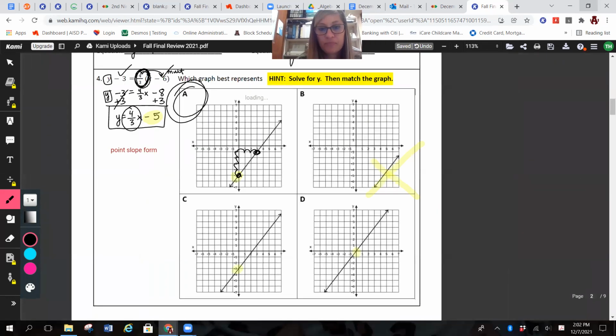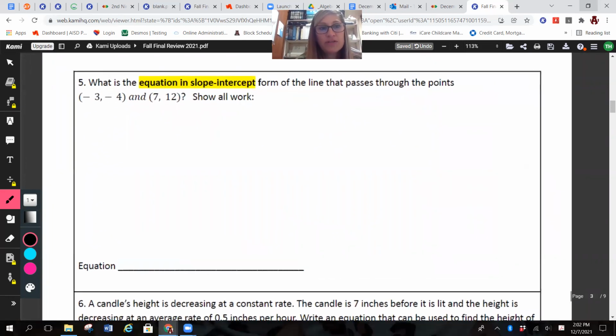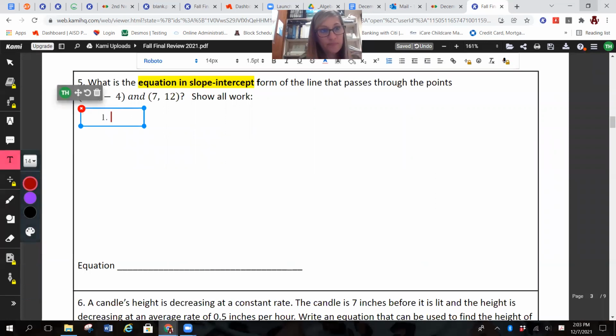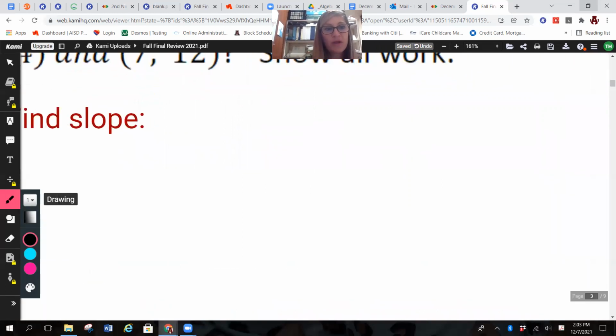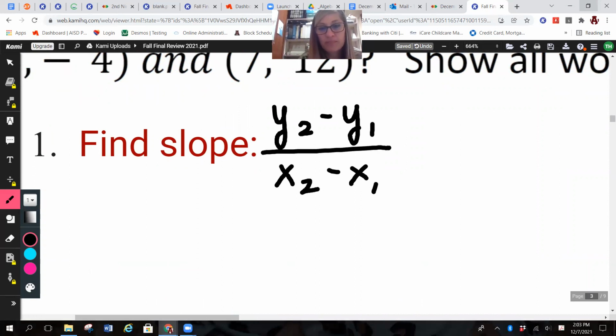All right. Moving on to question 5. What is the equation in slope-intercept form of the line that passes through the points -3, -4 and 7, 12? Well, step 1 is find the slope using the slope formula. Remember, the slope formula is y2 minus y1 over x2 minus x1.